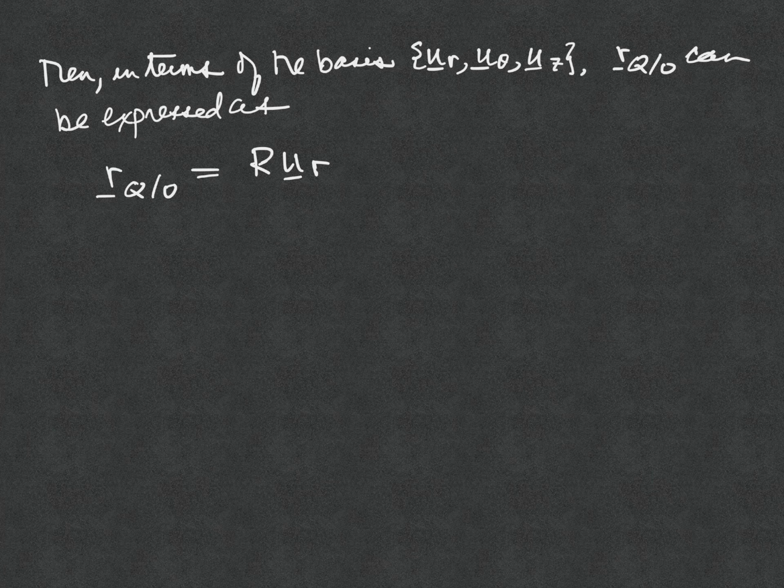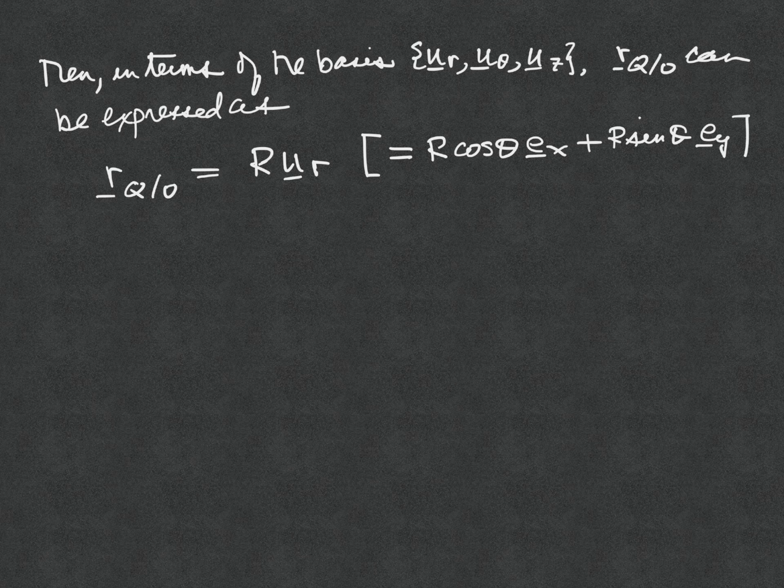You see that that's a much simpler expression than what we had before. It is equal to the expression we had before, which was R cosine theta EX plus R sine theta EY. They are indeed equal to each other, but this expression is much easier to write.